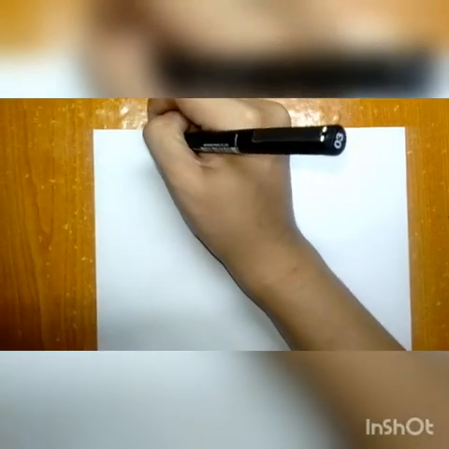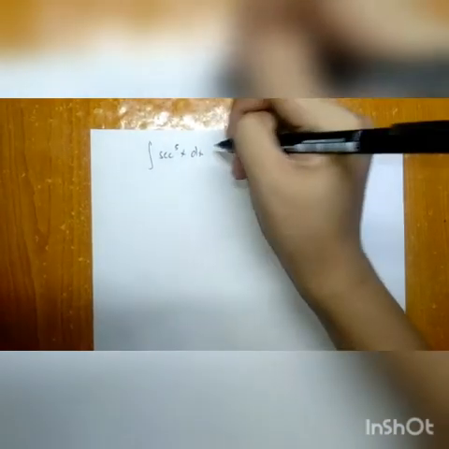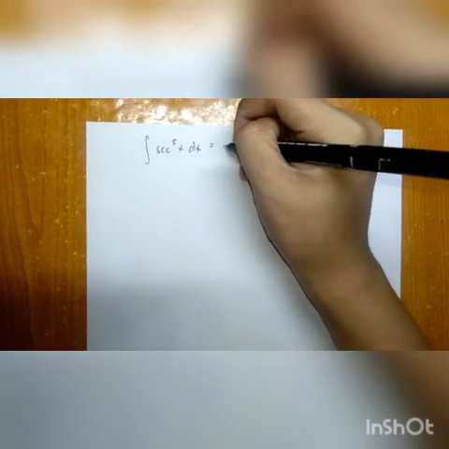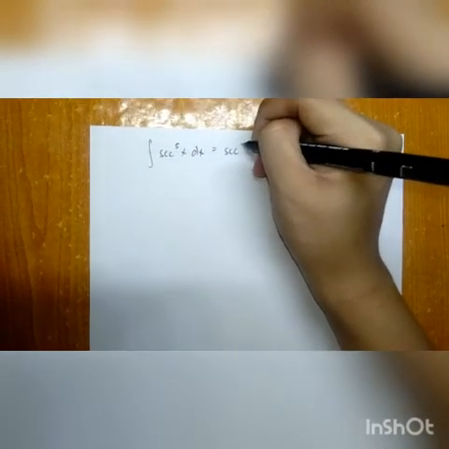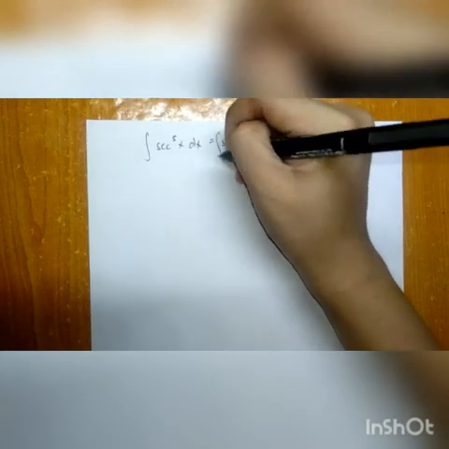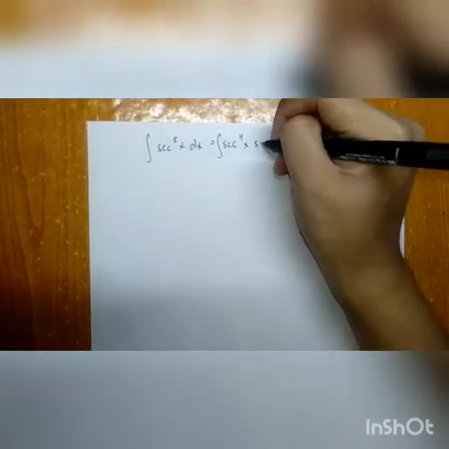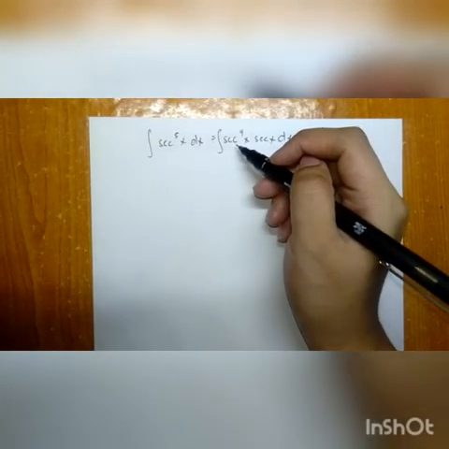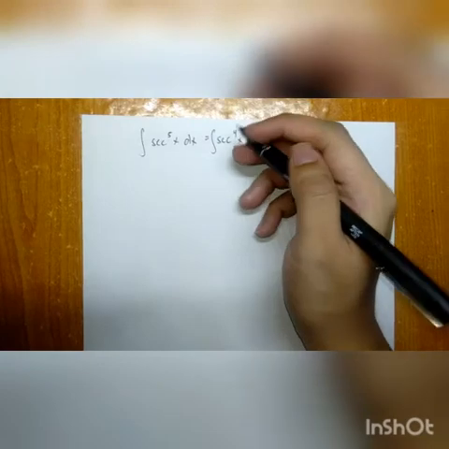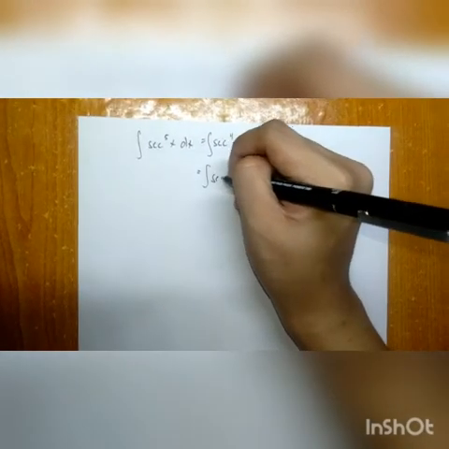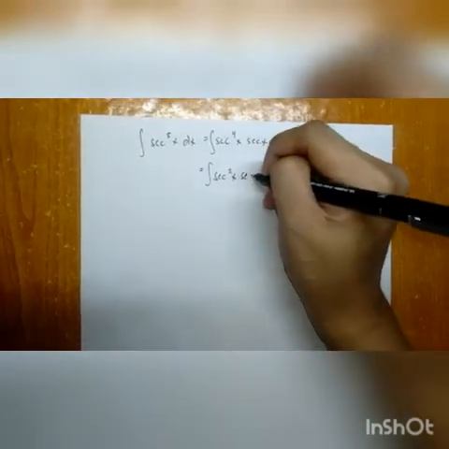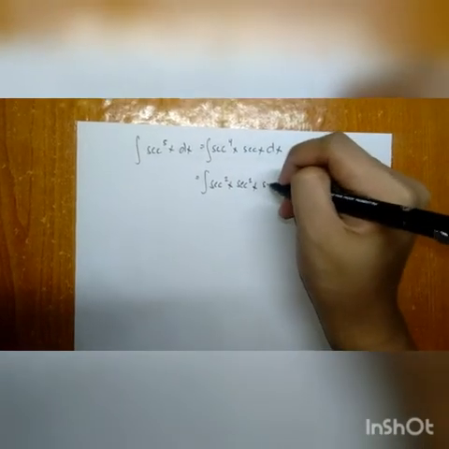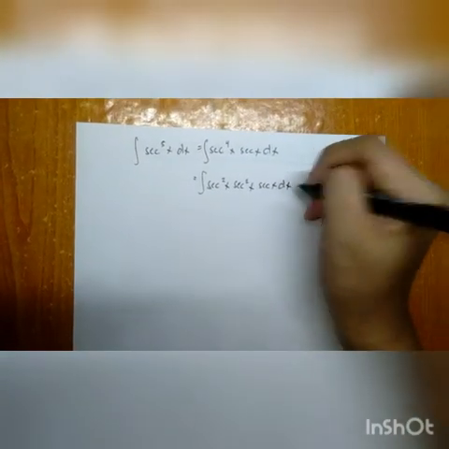Example number 2. The integral of secant raised to the 5th x dx. Again, it has an odd power, so we can divide it into secant to the 4th x secant x dx. And we can again divide secant 4th x into 2, which is secant squared x and another secant squared x, times secant x dx.